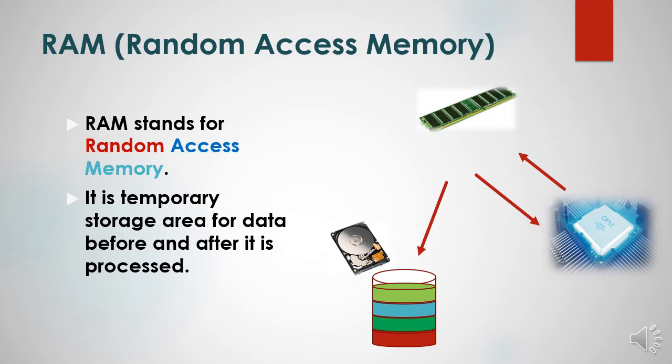Here, one point should be clear to you that when RAM holds data inside it and if power is switched off, the data inside RAM will be lost. So that's why we say it is temporary storage area for data before and after it is processed.